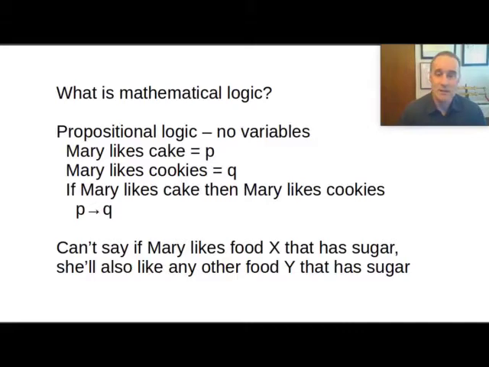In this case, P, or another statement like Mary likes cookies, and we can assign it a different symbol, Q. And then we can make statements combining these symbols such that if Mary likes cake, then Mary likes cookies, or in propositional logic, P implies Q.